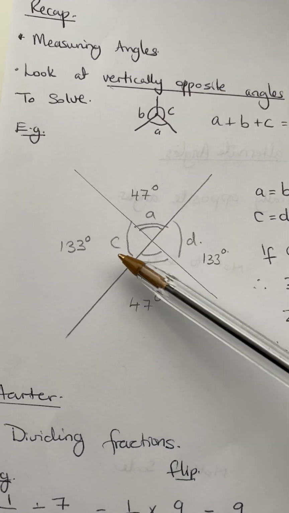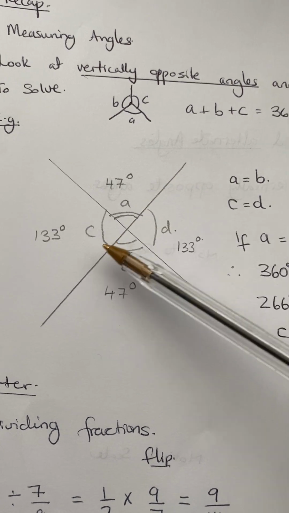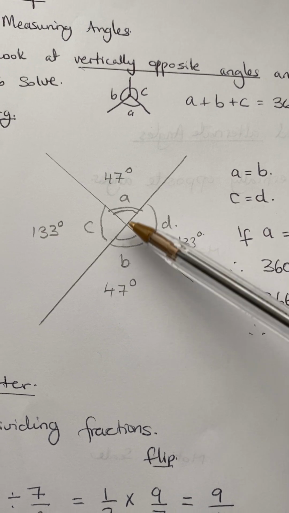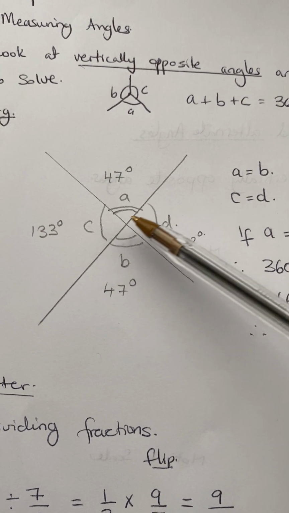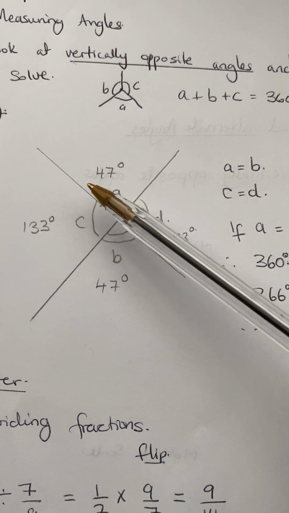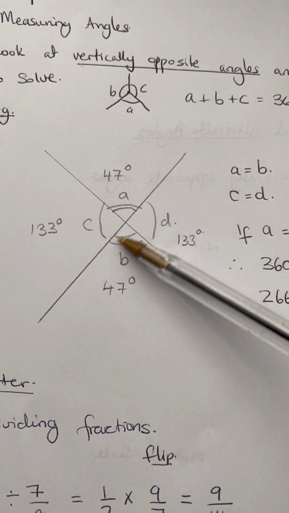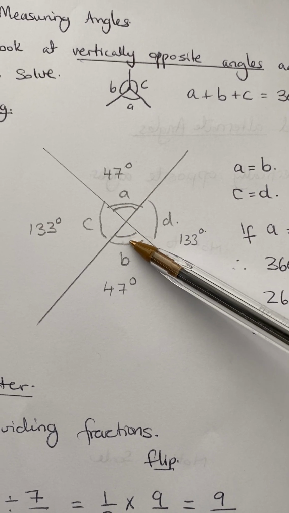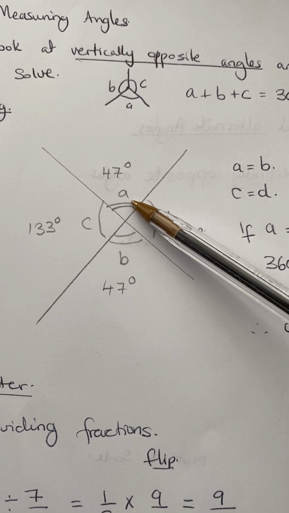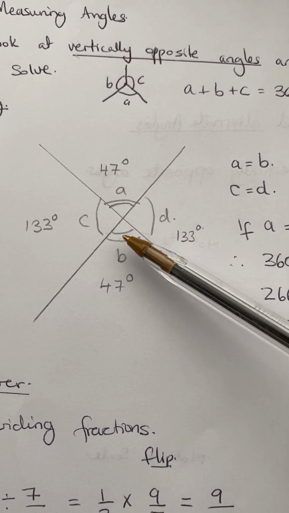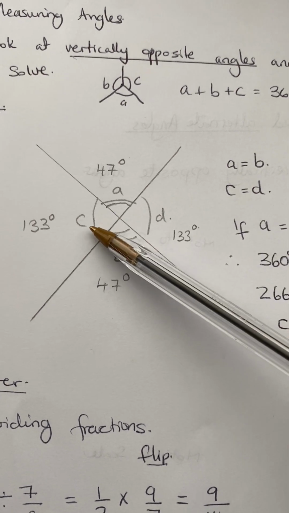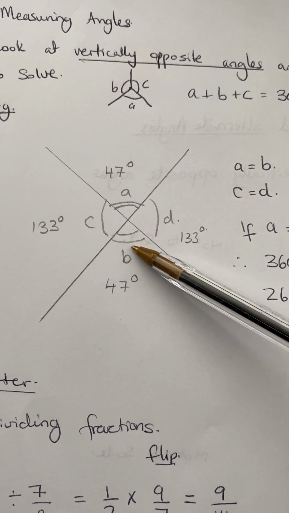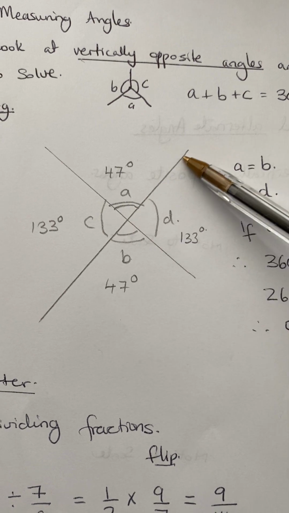But what we did yesterday was slightly different, where we looked at vertically opposite angles, where we said A equals B and C equals D. If you've been given A, you should be able to find B, and use B to find D, and then C and D are also equal, because B and D are on a straight line.